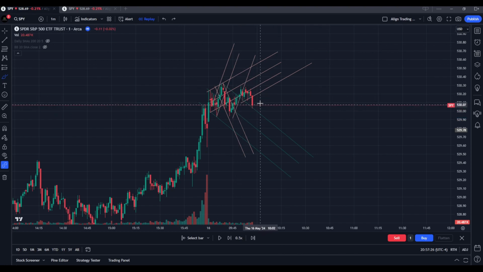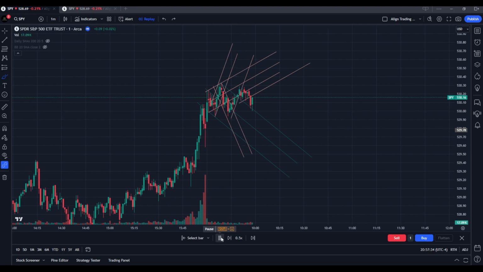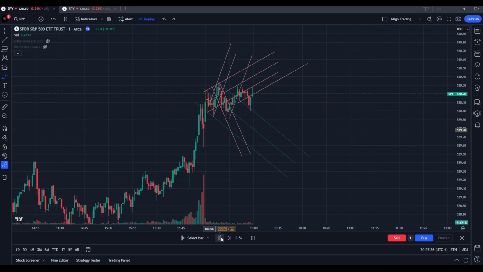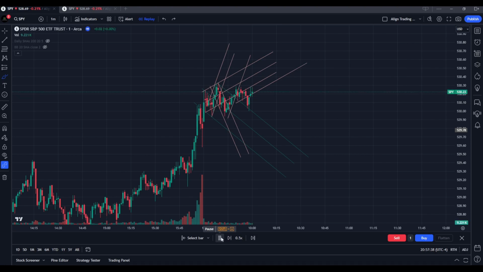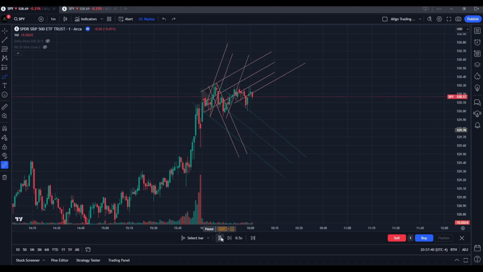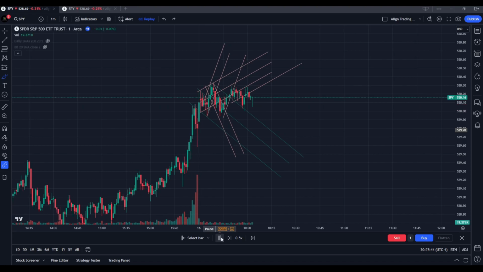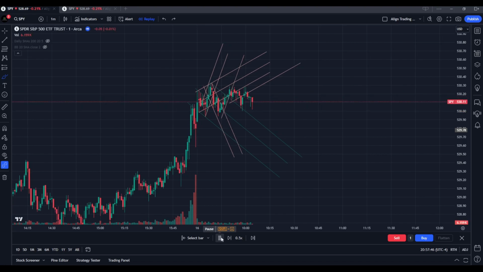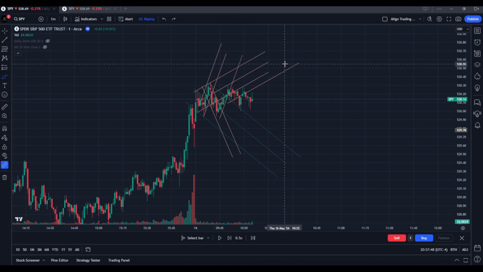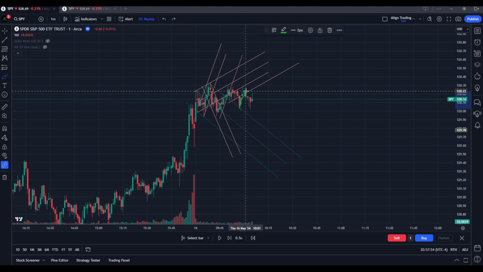So I'm stopped out of this trade right here, and we're going to see what happens. Okay, so we are seeing that after we got stopped out, it's trying to still make a move up.